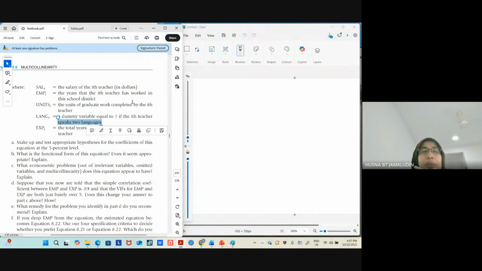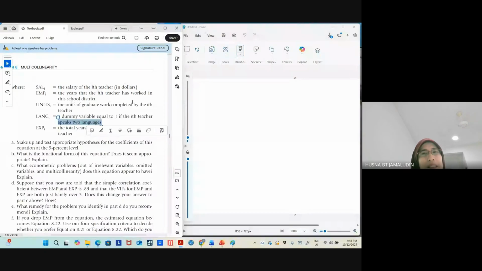If this is about a university lecturer, it could be. But for a school teacher, you have a fixed course that they can teach that will be available in the school. I don't think languages matter. If you are not talking about school but about working in a company, some people prefer bilingual staff, like English and Mandarin, English and Malay.